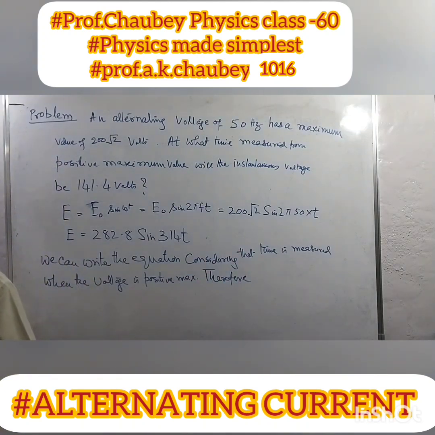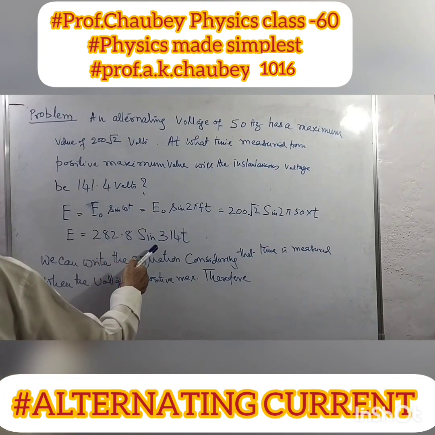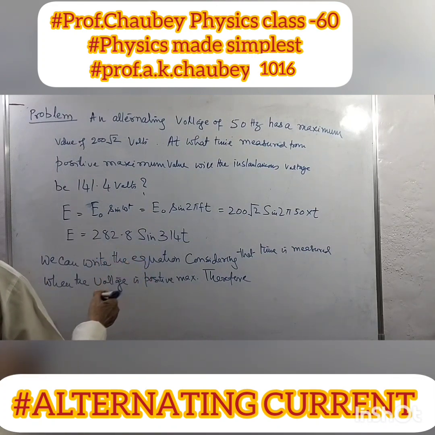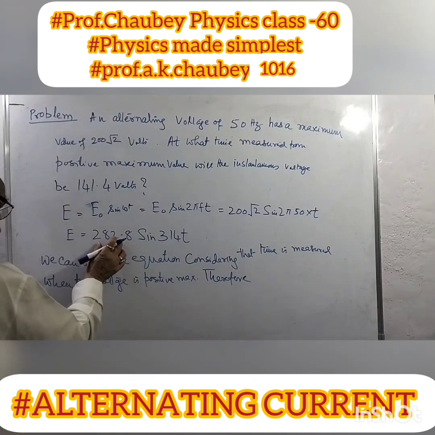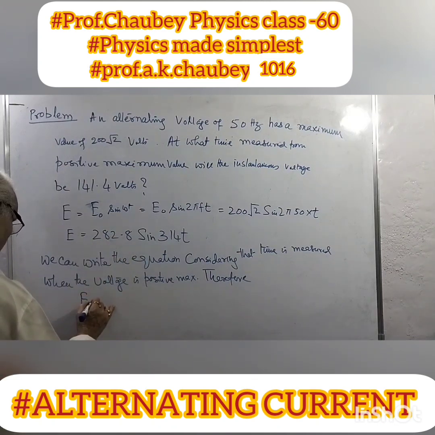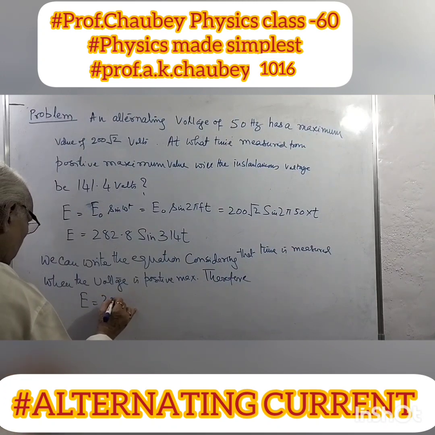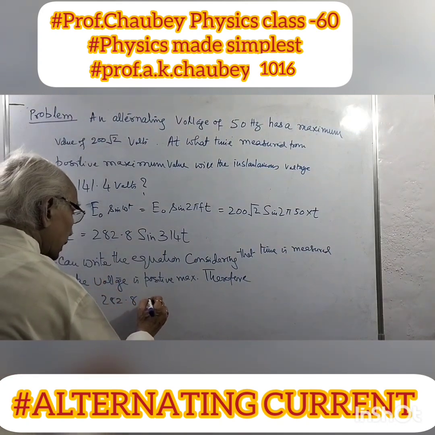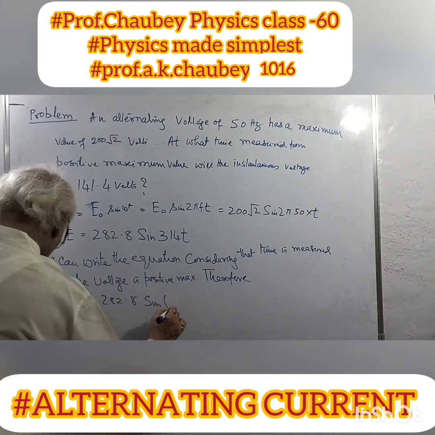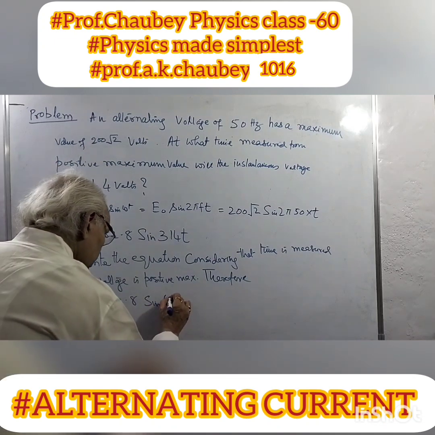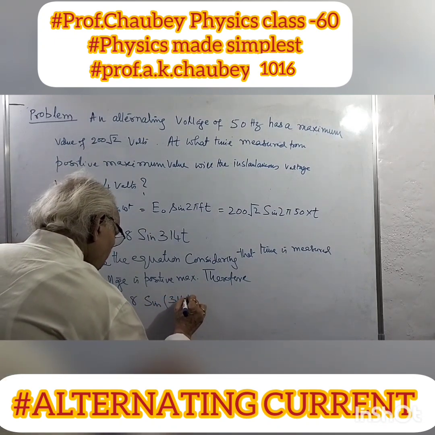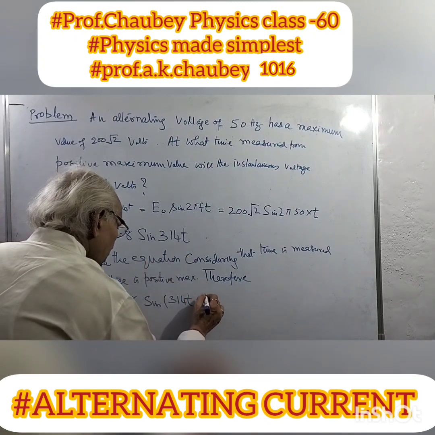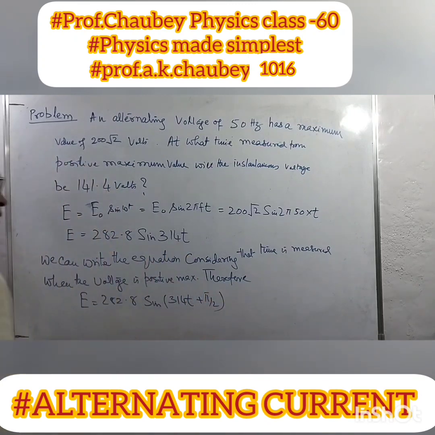The voltage E is equal to 282.8, the maximum, sin 314t plus pi by 2, that is the phase angle.